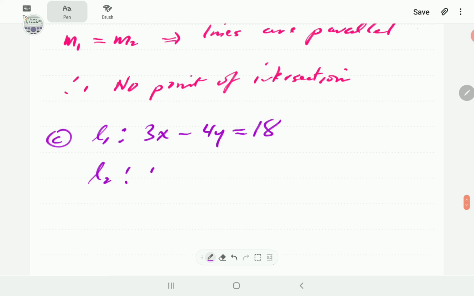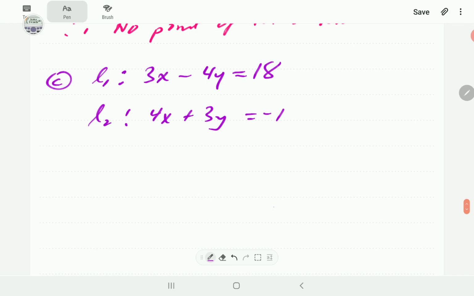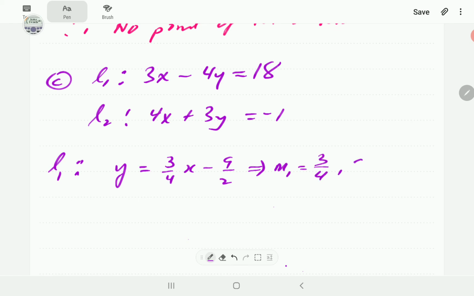L2 is 4x plus 3y equal to negative 1. Expressing these in standard form, the first one is going to give us y equals 3 on 4 x minus 9 over 2. So this tells us that M1 is 3 over 4, C1 is minus 9 over 2.